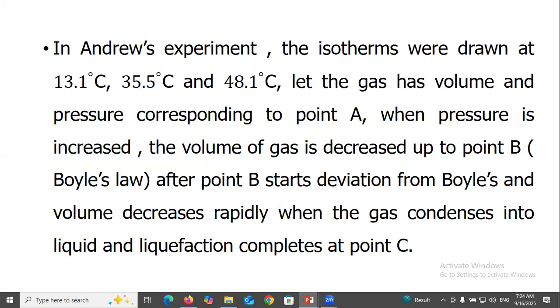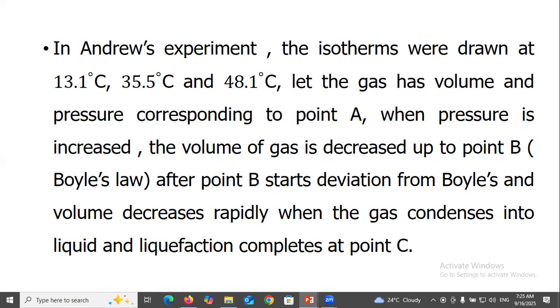In Andrews' experiment, the isotherms were drawn at different temperatures: 13.1 degrees Celsius, 21.5 degrees Celsius, 35.5 degrees Celsius, and 48.1 degrees Celsius. Let a gas have the volume and pressure corresponding to point A. When pressure is increased, the volume of gas decreases up to the point B, following Boyle's law.